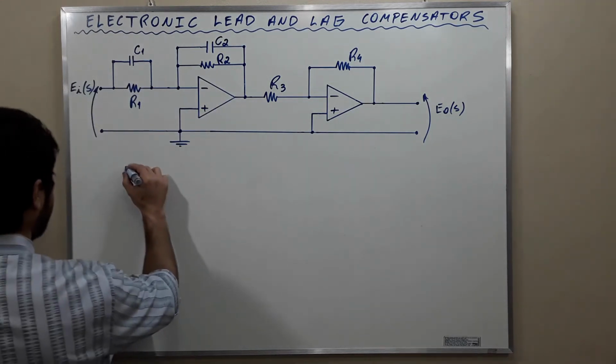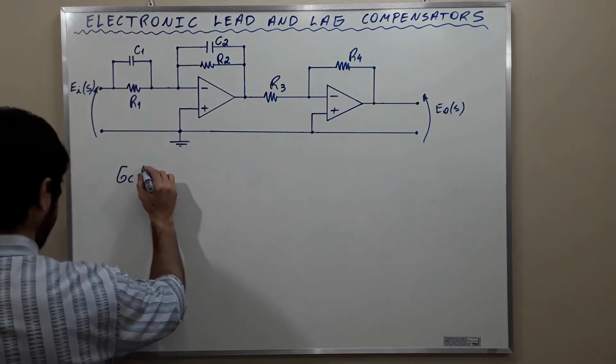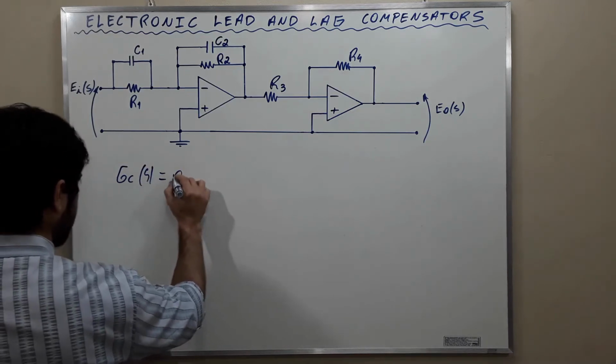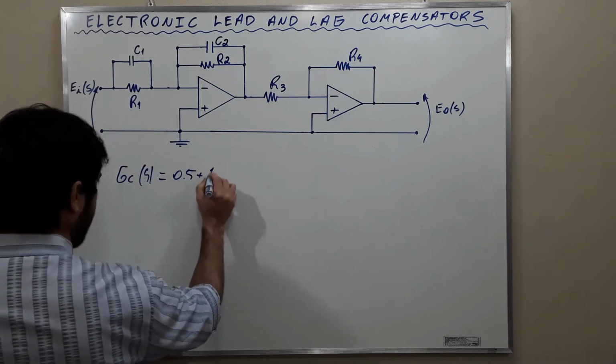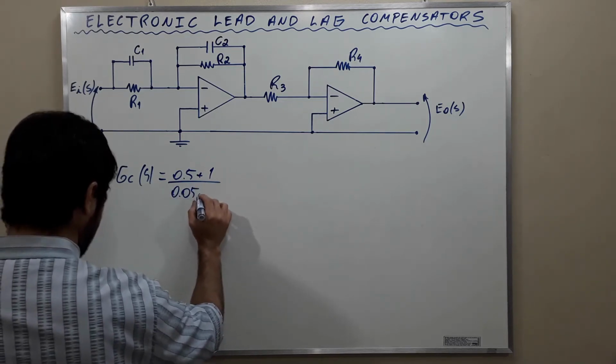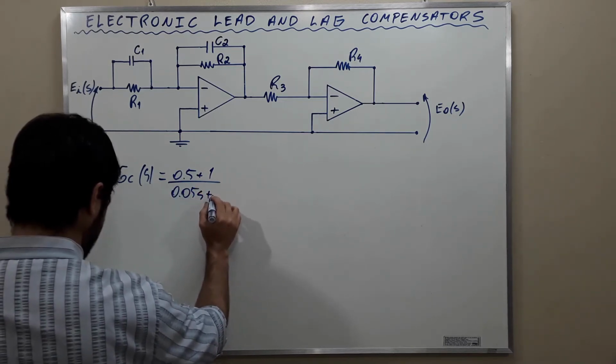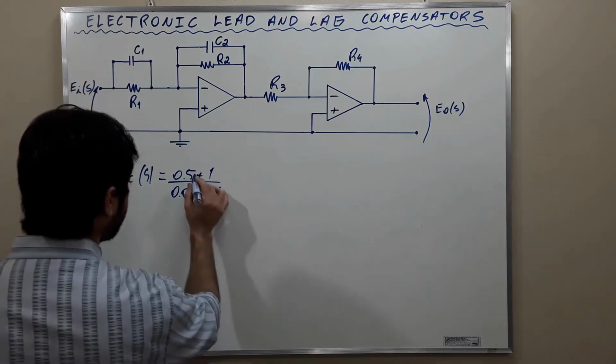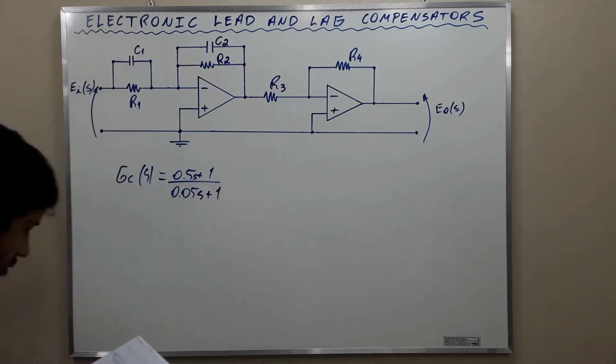The transfer function is Gc(s) equal to (0.5s plus 1) over (0.05s plus 1).